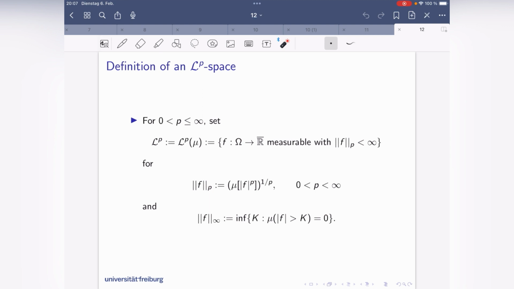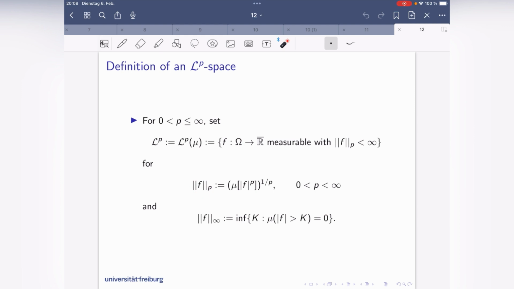And as I just said, f needs to be not only integrable, but f to the power of p needs to be integrable, which means this here. So f to the power of p, which doesn't always make sense, so we have the absolute value of f to the power of p. This here needs to be integrable, which means, okay, this is what we will see is a norm.